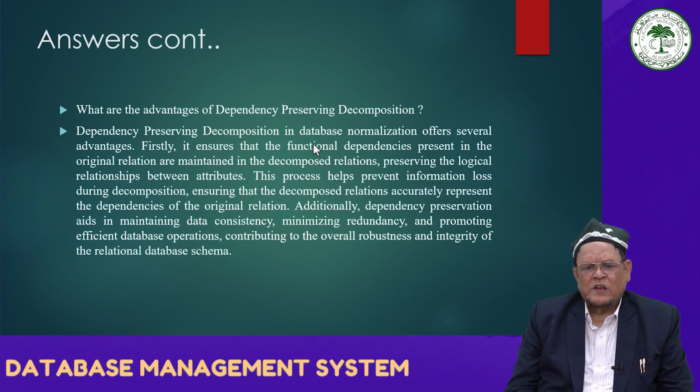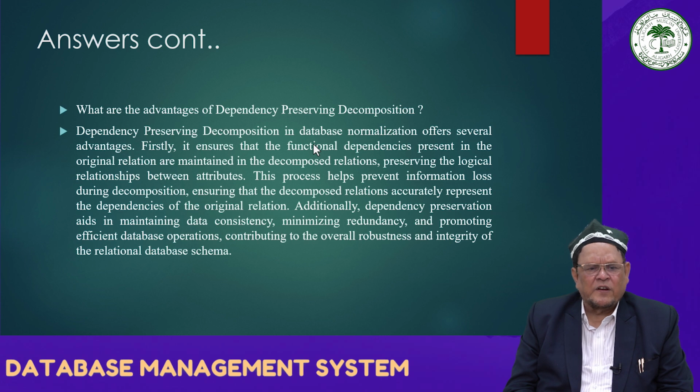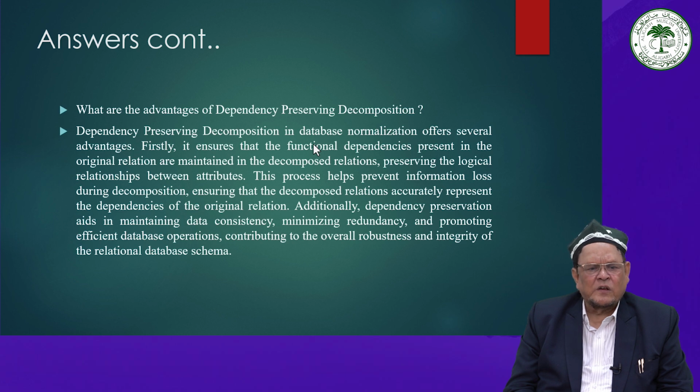This process helps prevent information loss during decomposition, ensuring that the decomposed relations accurately represent the dependencies of the original relation. Additionally, dependency preservation aids in maintaining data consistency, minimizing redundancy, and promoting efficient database operation, contributing to the overall robustness and integrity of a relational database schema.